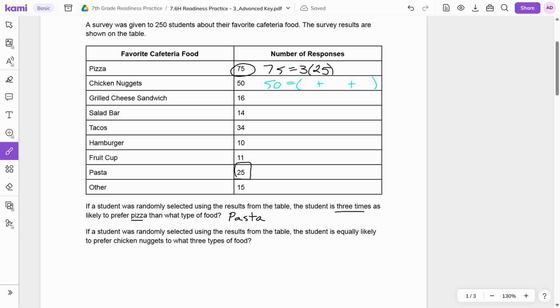So I'm definitely going to need tacos. And if I take 34 from 50, that's going to leave me with only 16. So I need 3 types of food to get that. So that's not going to work.